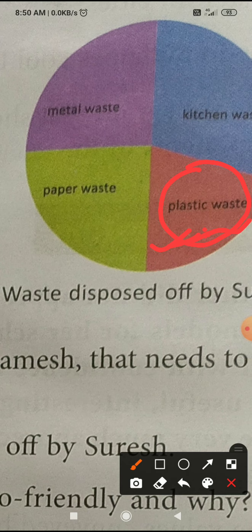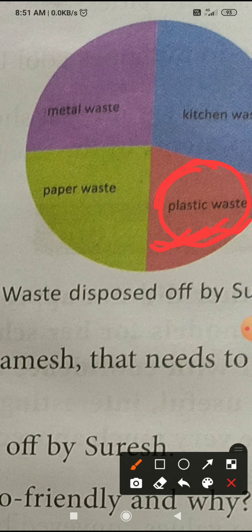Sometimes you will find that animals moving beside the road are also eating the waste material, and if they eat the plastics like cow, what will happen? The intestine of the cow is choked and swells, and animals may lead to death. So this way you can see here how it is harmful.